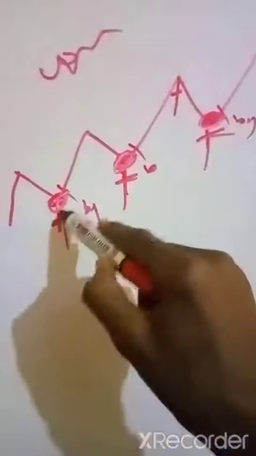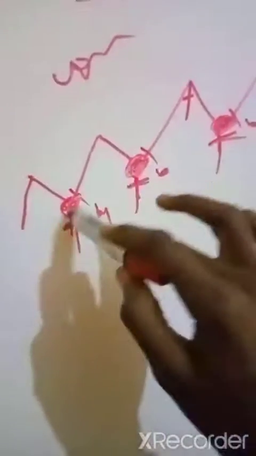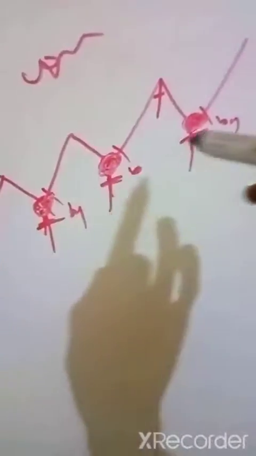Same thing: if you see the white soldiers, the tweezers, the doji, the engulfing, they must all be on this point. The engulfing candle must appear here, here, here, not any other position. Then you are ready to go.